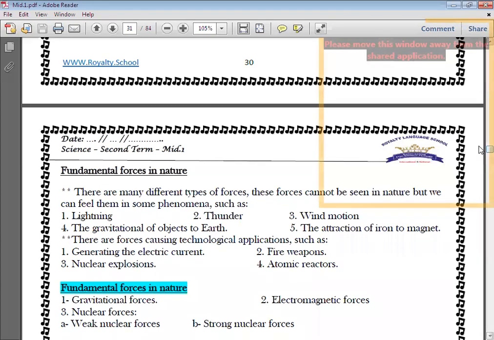What happens when you affect an object already in motion by a proper force? If the force is in the opposite direction, the object changes its state from motion to rest.